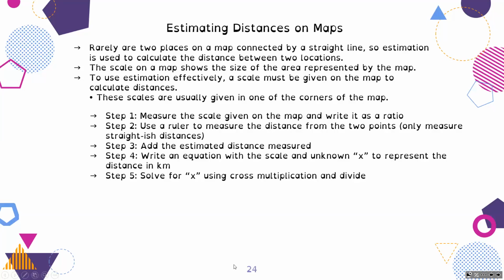Step 3 is add all your estimated distances measured together, figure out the total. Step 4, write an equation with the scale and the unknown x, the unknown distance, to represent the distance in kilometers that you're looking for and compare it to the one that you measured. And then step 5, solve for x using cross multiplication and dividing. So go back to lesson 17 if you need to look at that a little bit more in detail.